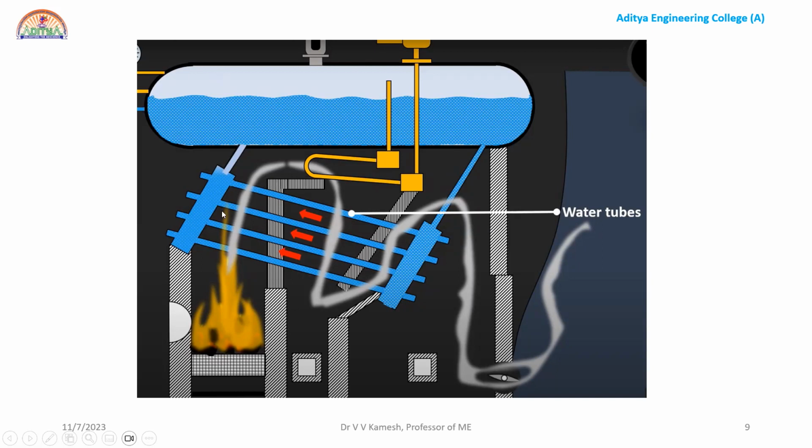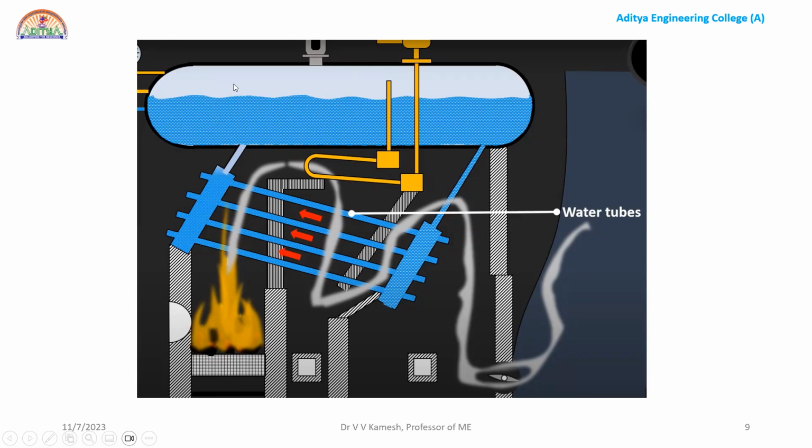Now, as the water gets heated in the uptake header part and goes through the transformation into steam, some space will be created and the density of water here will be less. So automatically it will go up, right? Now this place will be filled with water from the down header. So automatically water will fill the uptake header and be converted into steam.